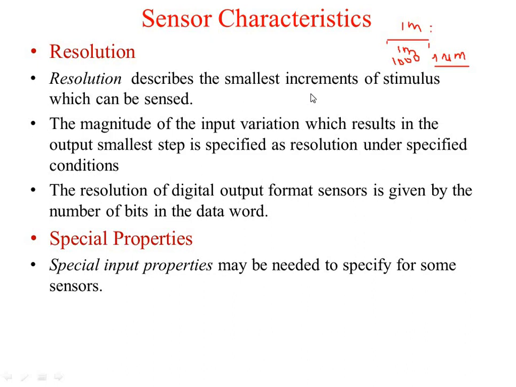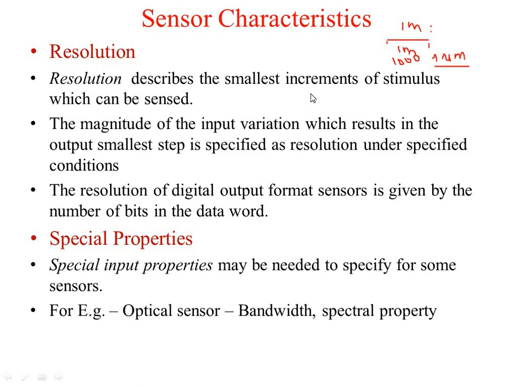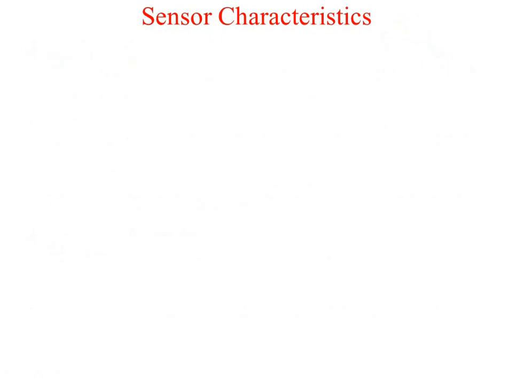The optical sensor needs to define the spectral property and the bandwidth, and these bandwidth and spectral properties are the special properties that you need to study, because you are using a spatial sensor, so that spatial input property you need to identify. That is called the spatial properties.